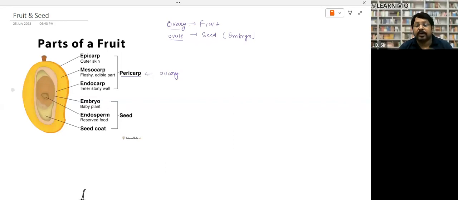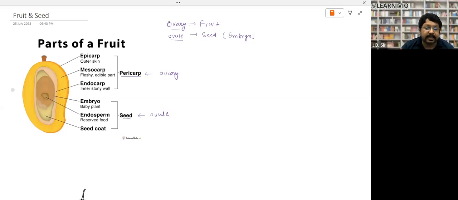Inside the ovary, there may be one or more than one ovule. Every ovule becomes a seed, which means there will be one or more than one seed. The seed develops directly from the ovule. The covering of the seed is called the seed coat.